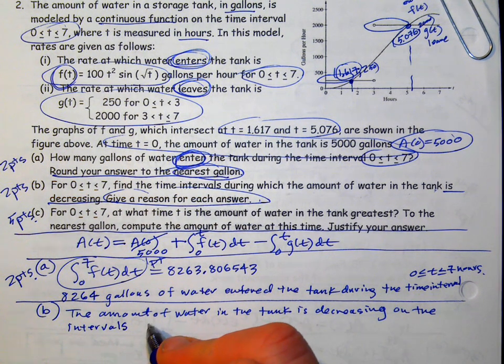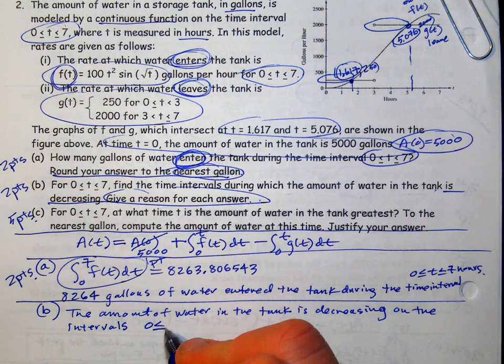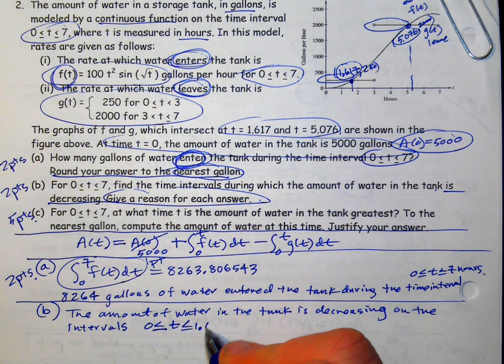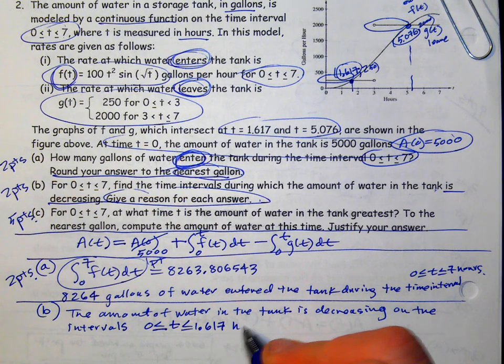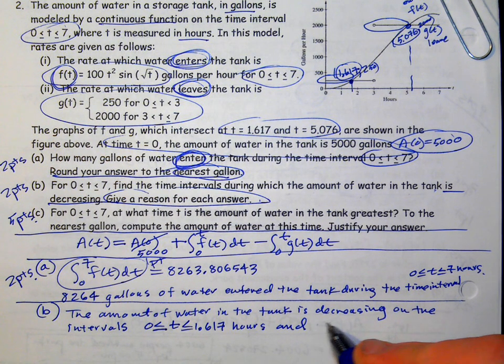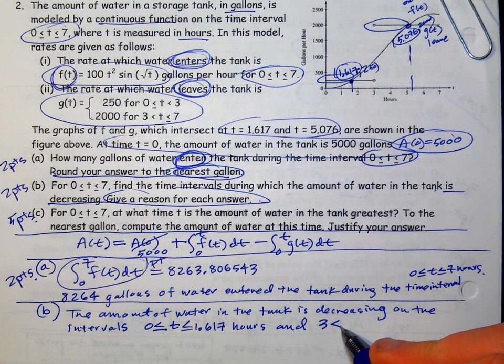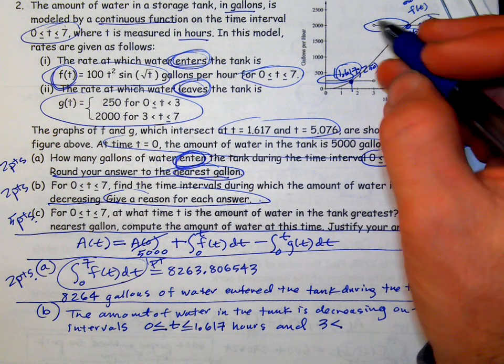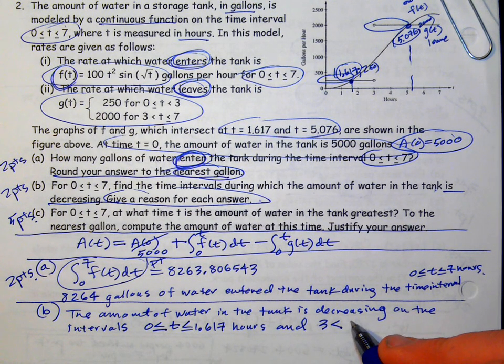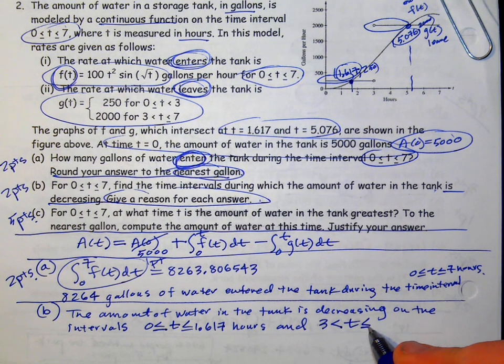Now we're going to say 0, and include 0, they said, to 1.617 hours and 3, but not including 3, or I don't know, because it's an open dot. So it's a little iffy. And we talked about increasing, decreasing.